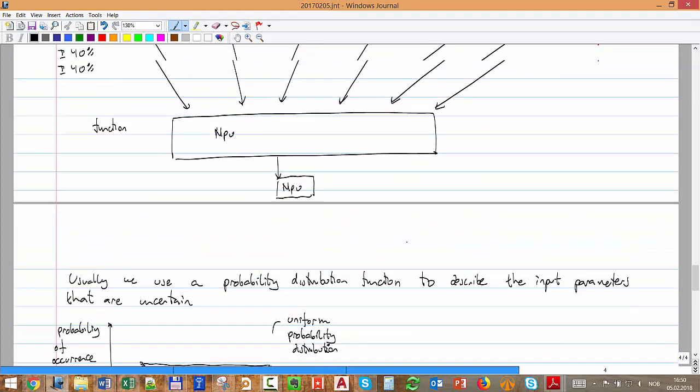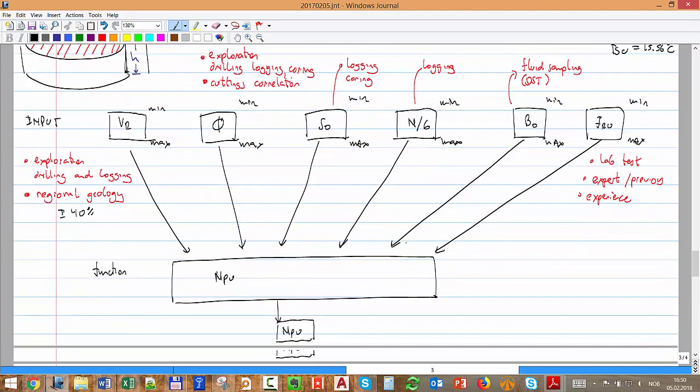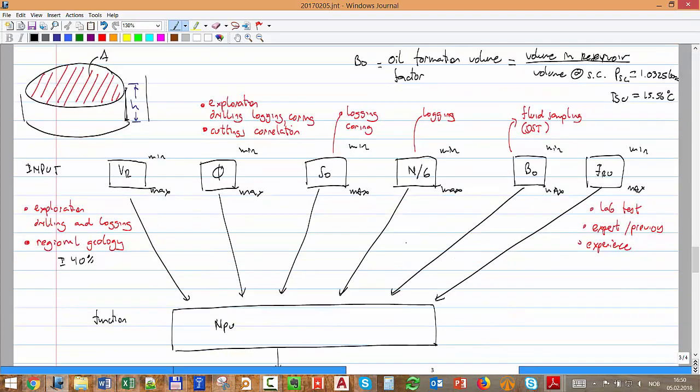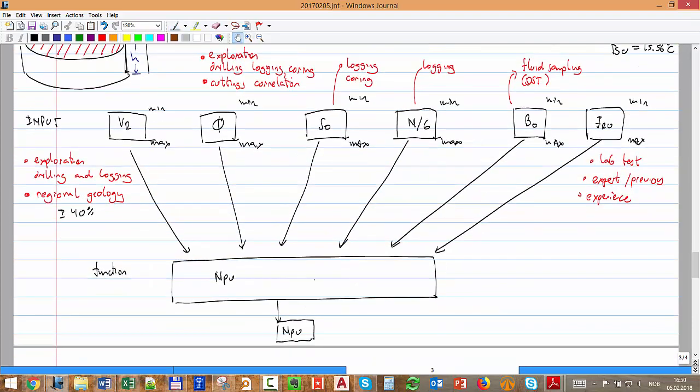Okay, so going back to our problem, that's the problem we have. Here we know we have an equation, right, in this box inside. So all of them have a distribution associated that I provide in the exercise. So I want here not to have just one unique number, but I want to have also a distribution.